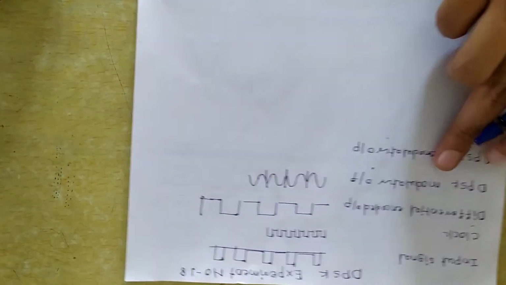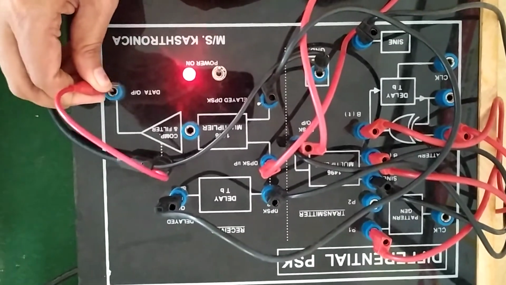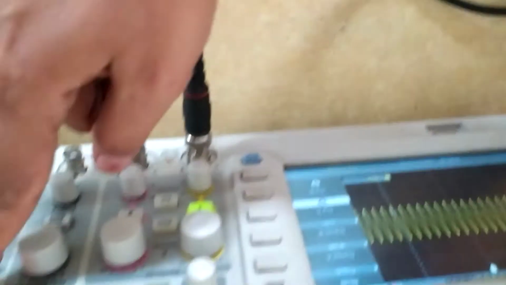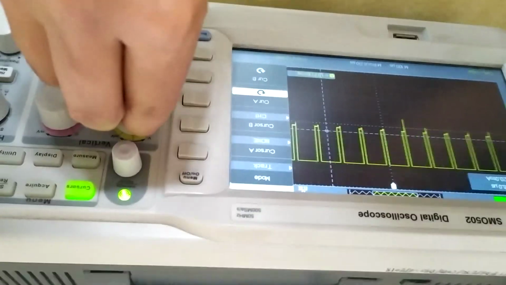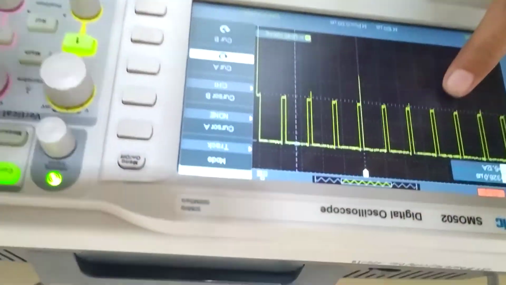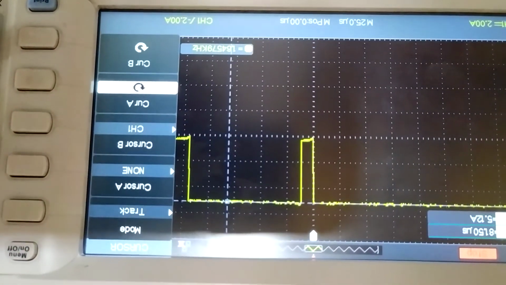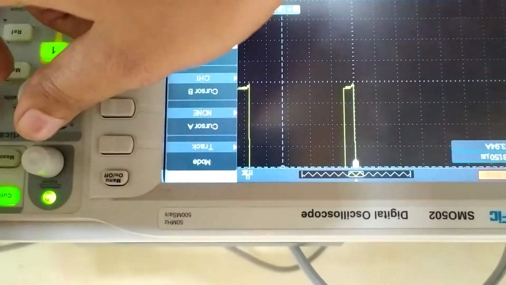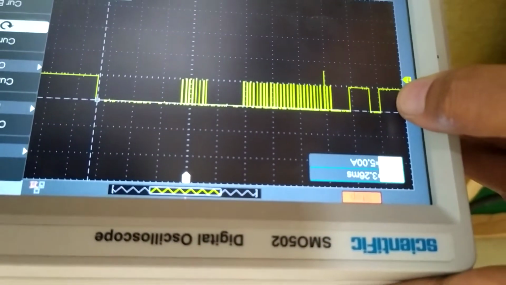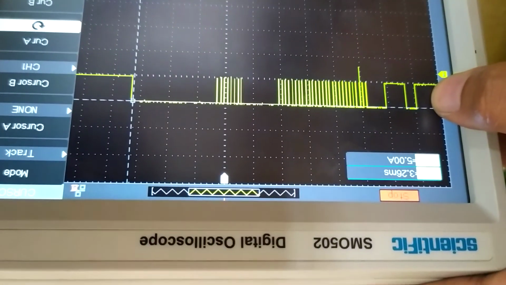Next one is the demodulator output. The receiver output is nothing but your demodulator output. This one is the last output signal. This is the DPSK receiver output, which is nothing but your DPSK demodulator output.